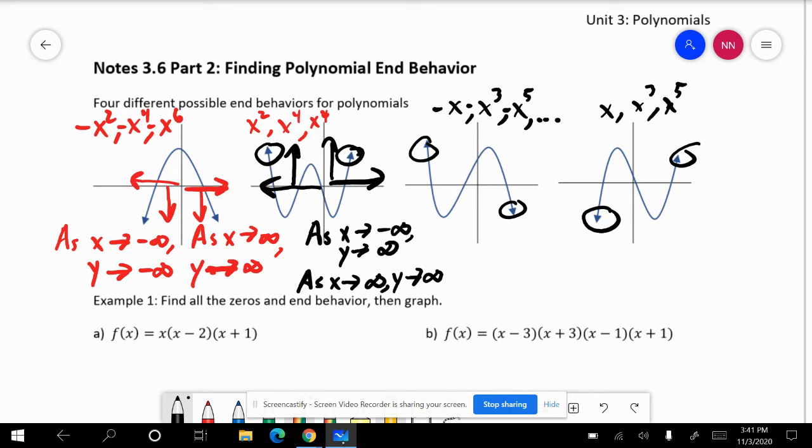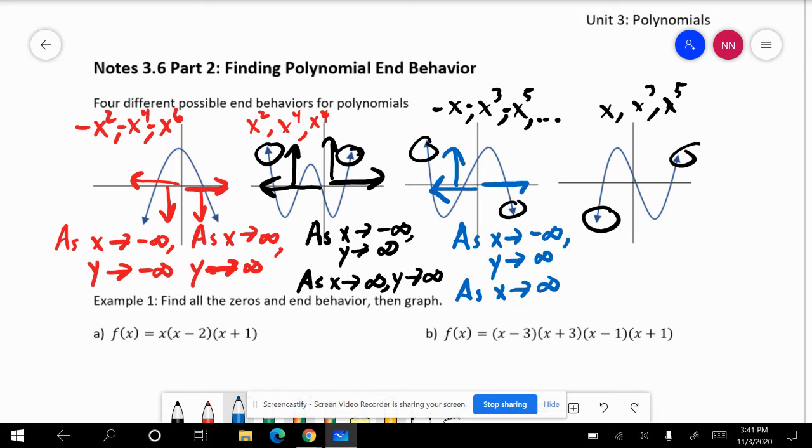Now, for the negative one, as x approaches negative infinity, as it's going to the left, notice that y is going to infinity. Then as x approaches infinity, as it goes to the right, notice it's going down. Y approaches negative infinity.